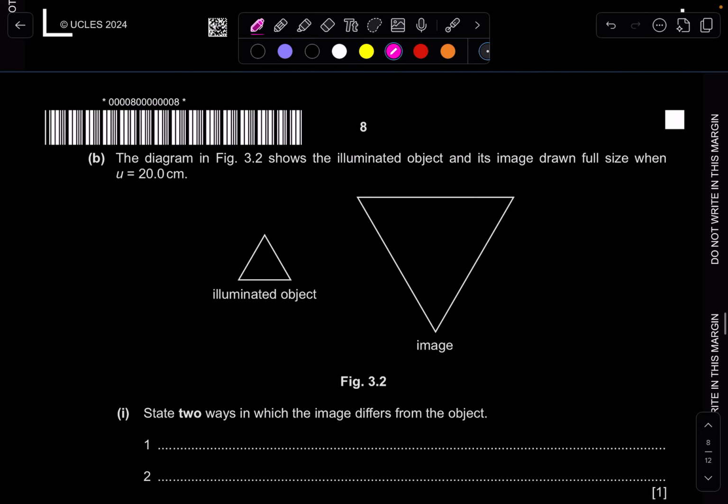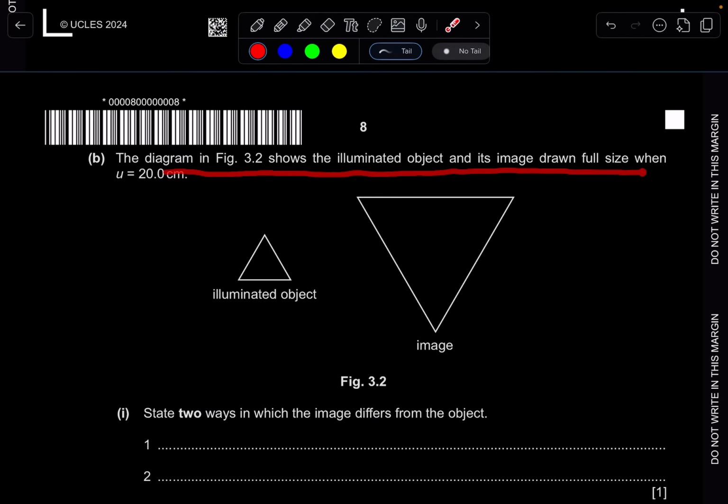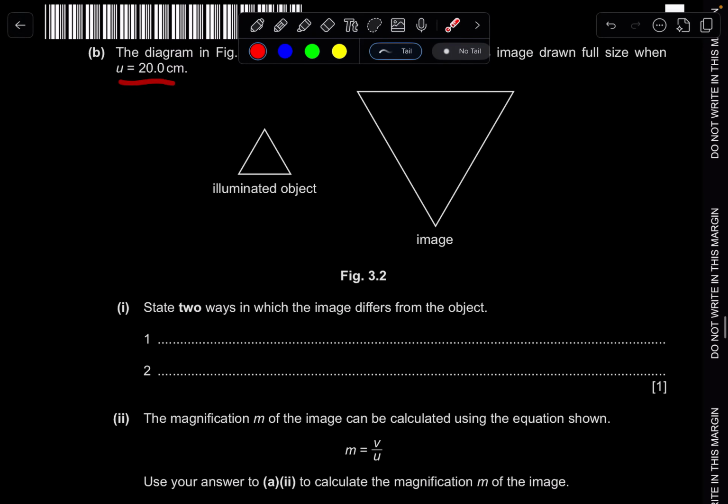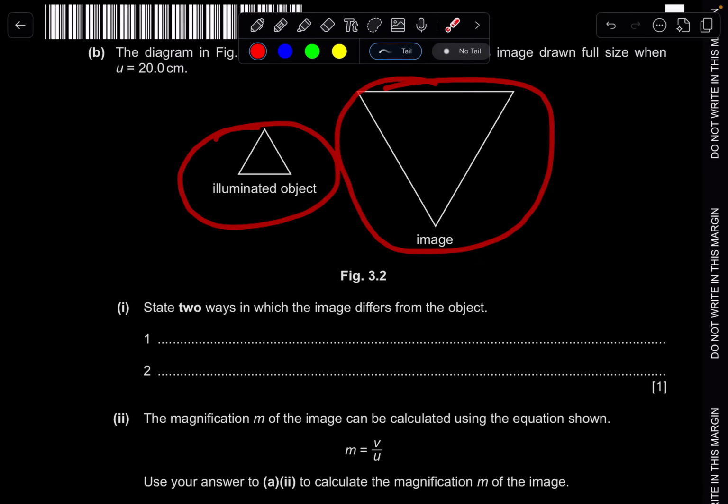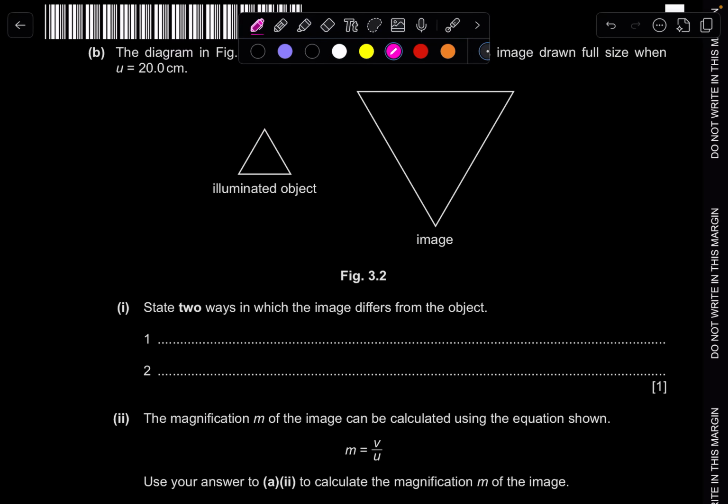Okay, so let's move to the B part. The diagram in figure 3.2 shows the illuminated object and its image drawn full size when u is 20 centimeters. State two ways in which the image differs from the object. Okay, so there is the object and this is the image. You have to tell the differences that they have.